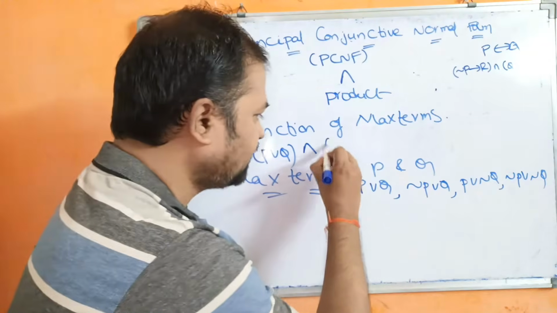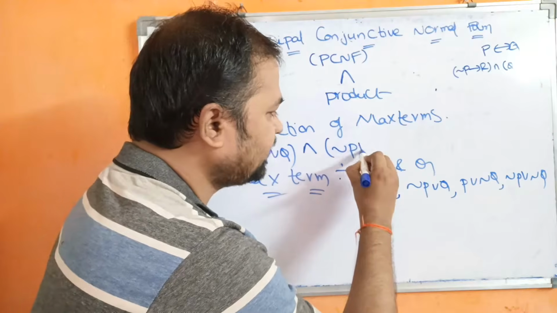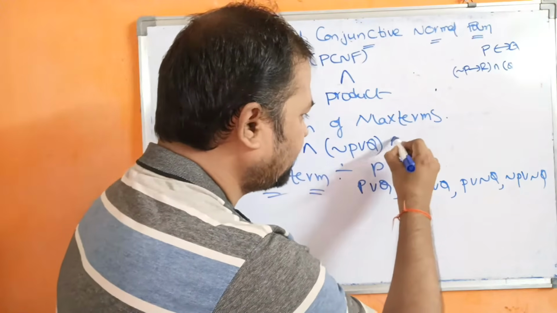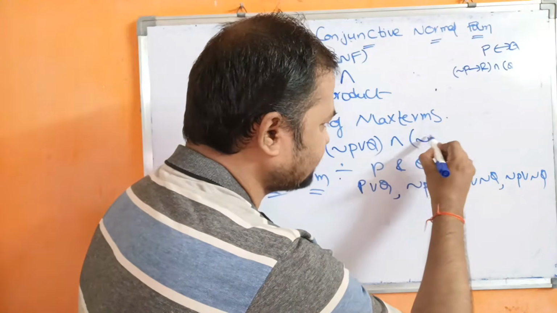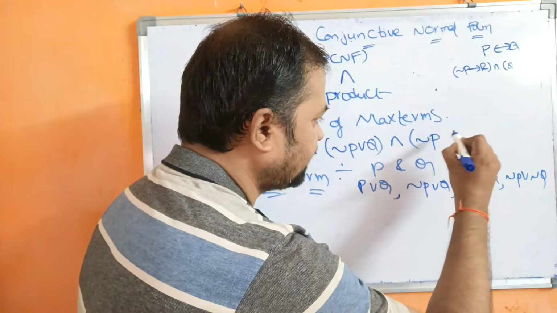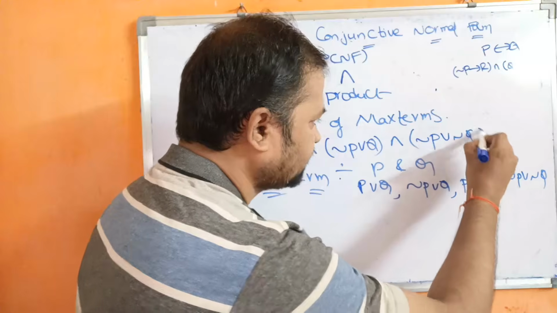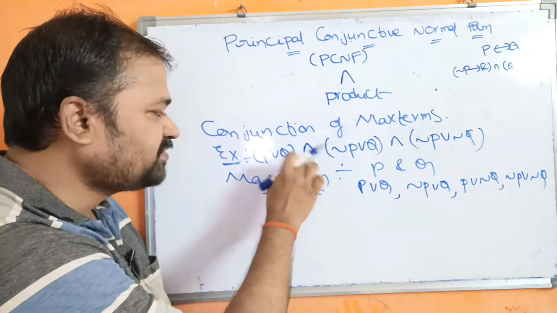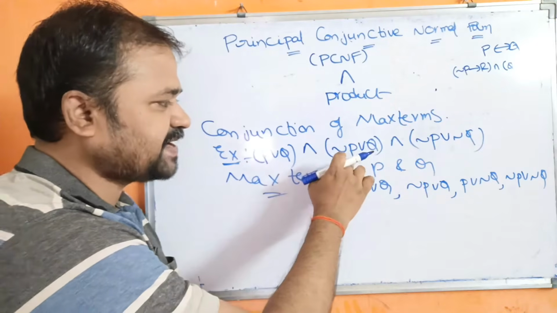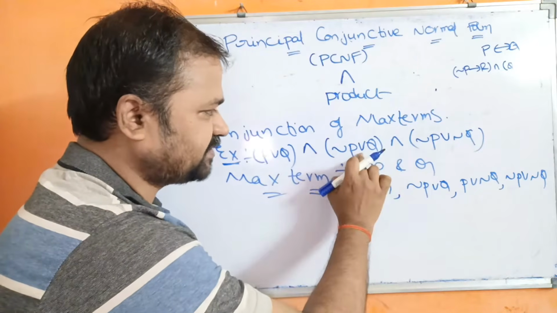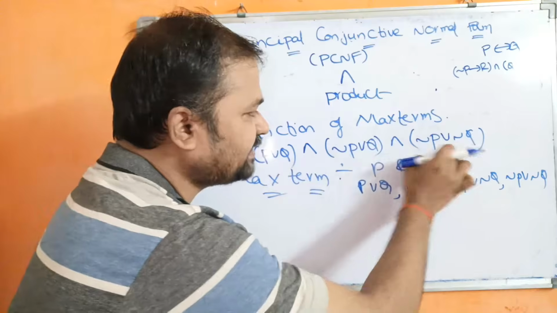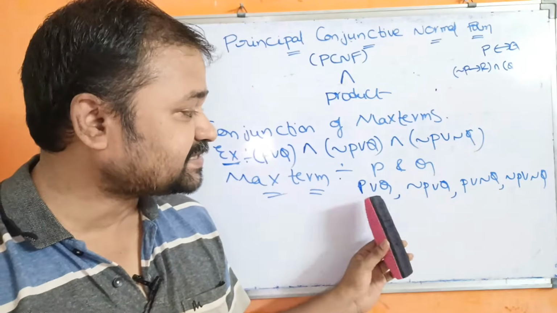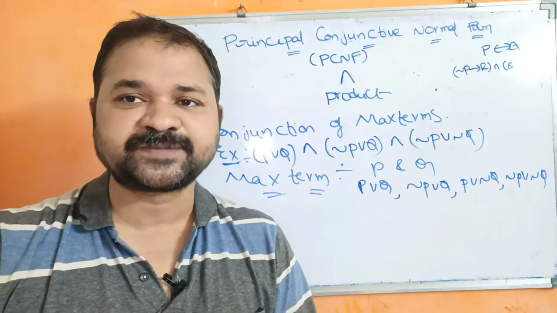Let me have another disjunction like this, negation P or Q, and another disjunction like this, negation P or negation Q. So this is nothing but PCNF, the conjunction of the max terms. So this is a max term, and this is a max term. And what is a max term? Disjunction of the two propositions.